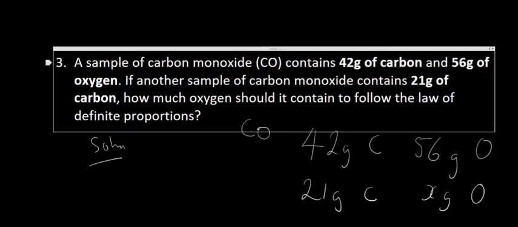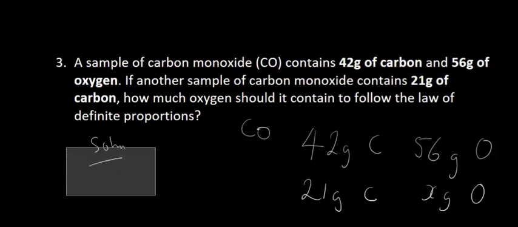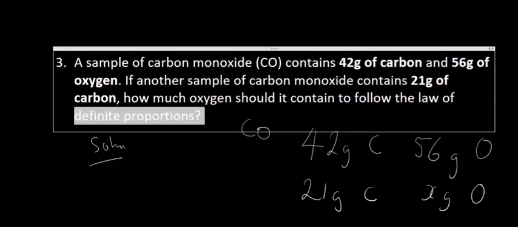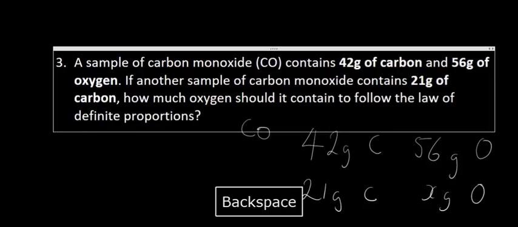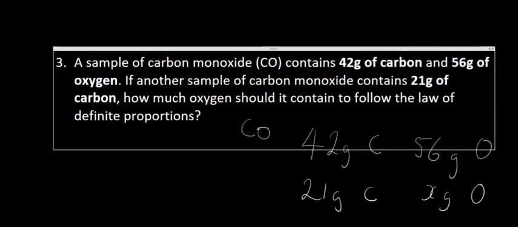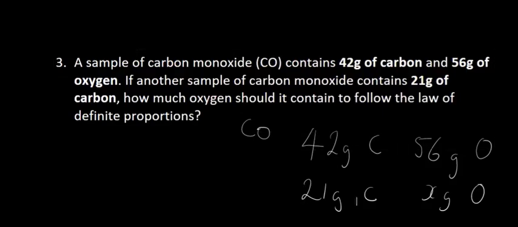What do you do? Just in the same way, you cross multiply. 42 gives you 56. 21 will give you how many? This multiply this, while this multiply this.